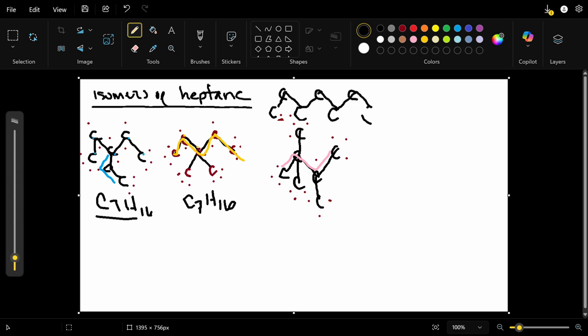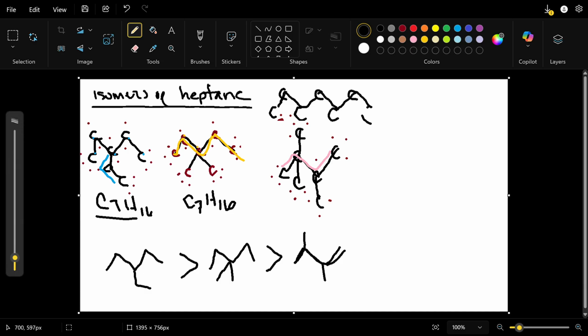So in this case, this one would be first. I mean, it's the same order that I already have on display. Okay, so that was boiling point and melting point.